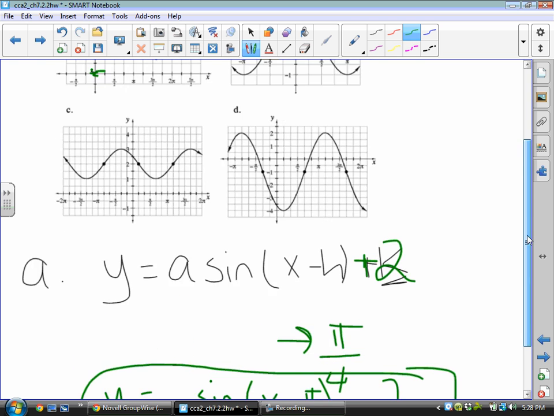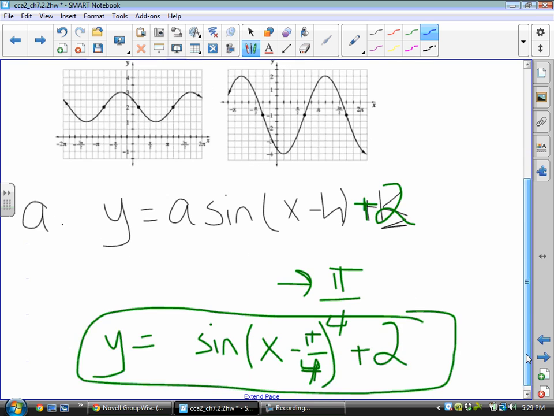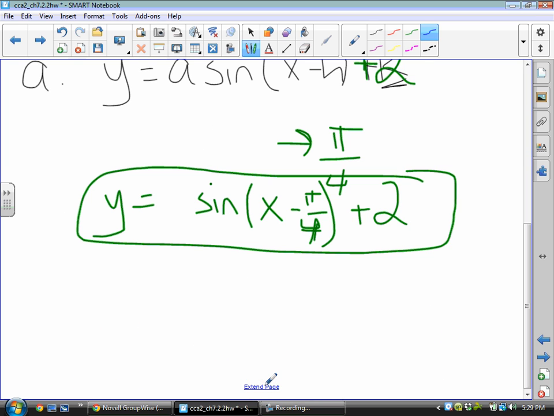Okay, part B, let's look at that graph. Again, I'm going to assume all of these are sine graphs. Let's say this point right here is supposed to be my (0, 0). Where is it shifted? First vertically, how much of a shift is there? Well, it went up half a unit.